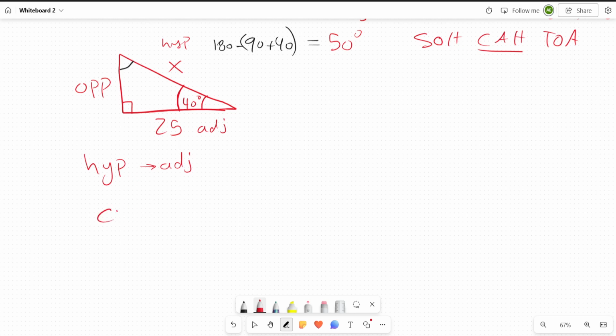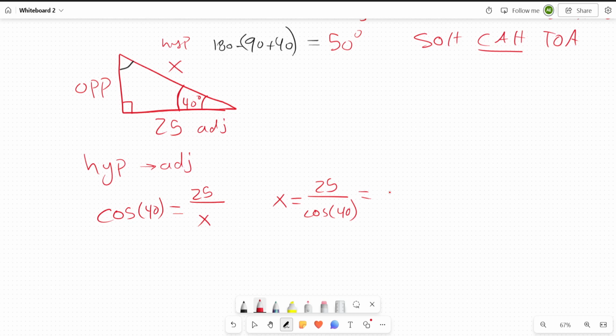So if I come and say cosine of the angle, so cosine 40 equals adjacent, which is 25, over hypotenuse, which is x. Rearranging, x is going to equal 25 over cosine 40.